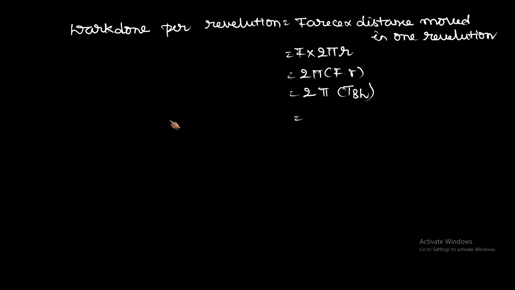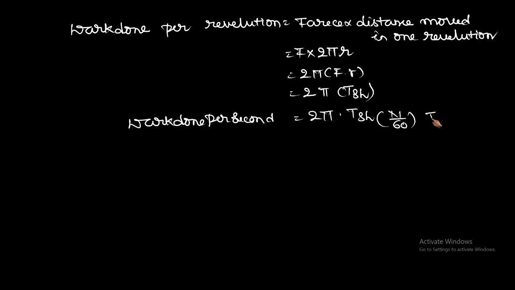Now finally we can write the work done per second as 2 pi into Tsh into N by 60. The units are joules per second, or watts. This is the output power, and you can convert the output power into HP also.